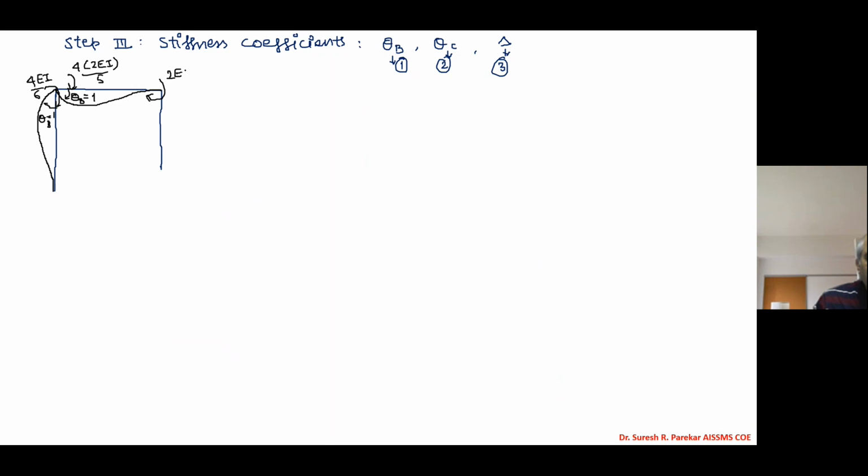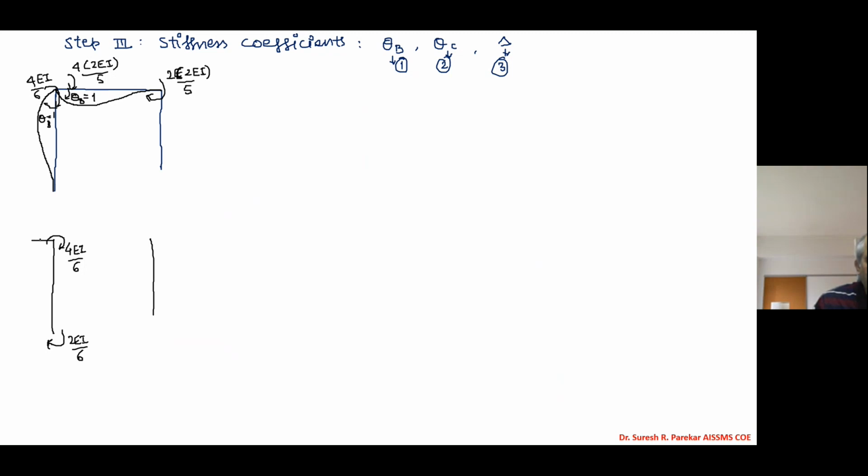So we have 1, 2, and 3 over here. This is 4 EI by 6 and this is 2 EI by 6.